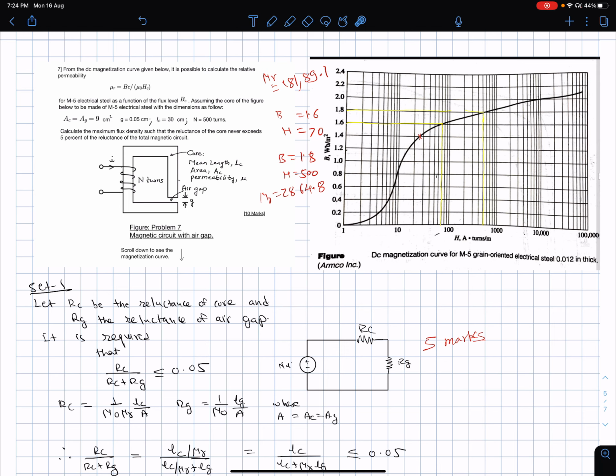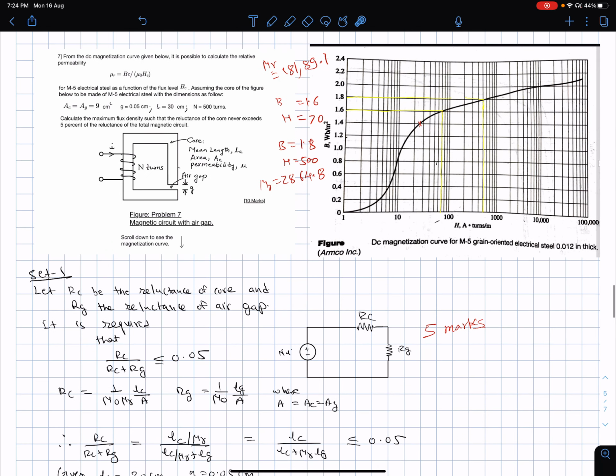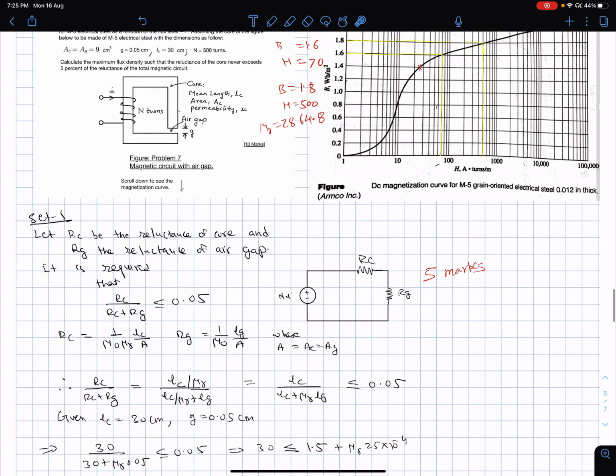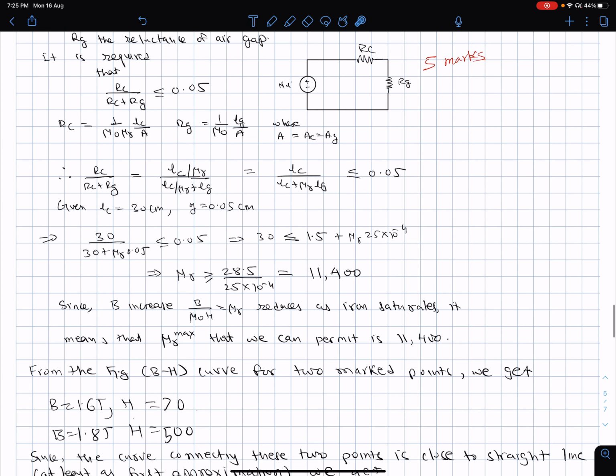So mu r will keep reducing as you keep going further. We want to find the maximum flux that we can set somewhere here such that mu r should always remain more than, not less than, 11,400.